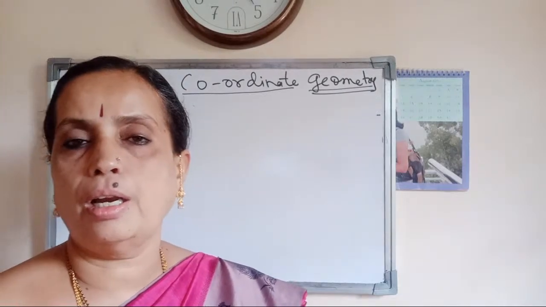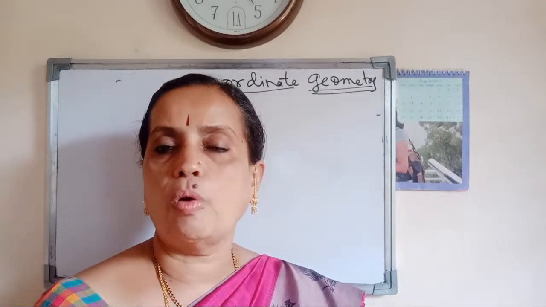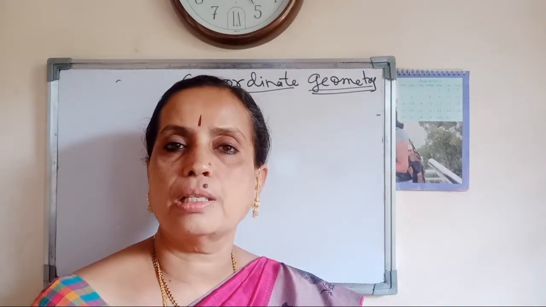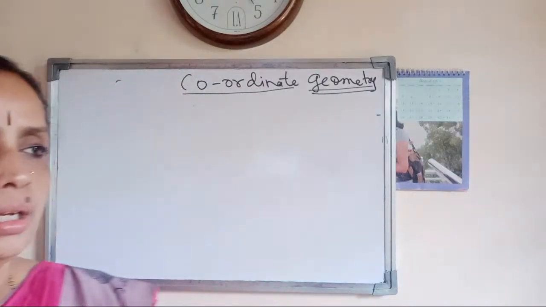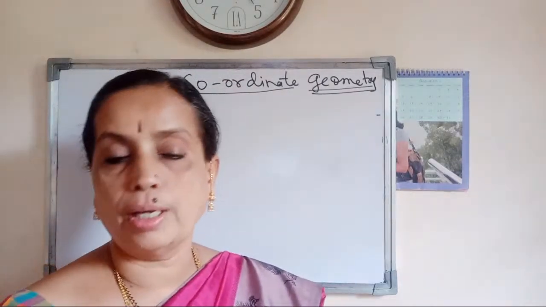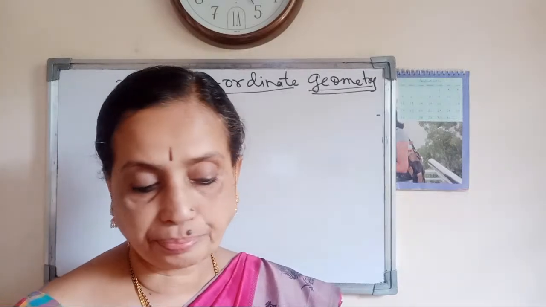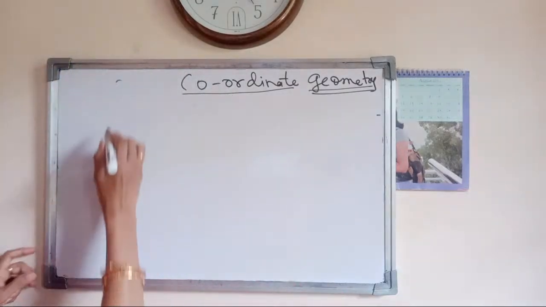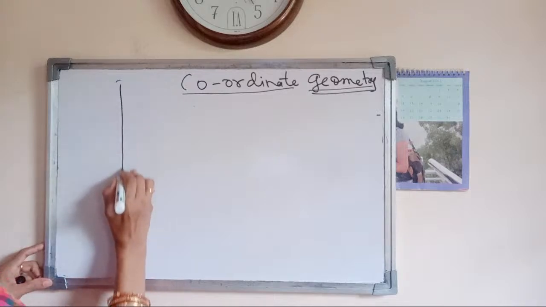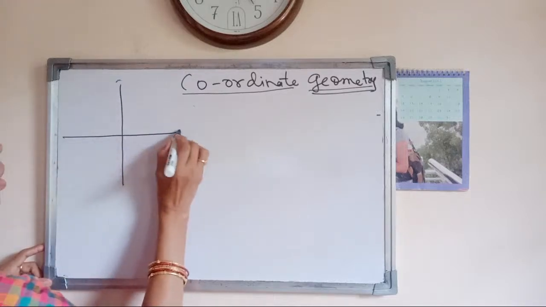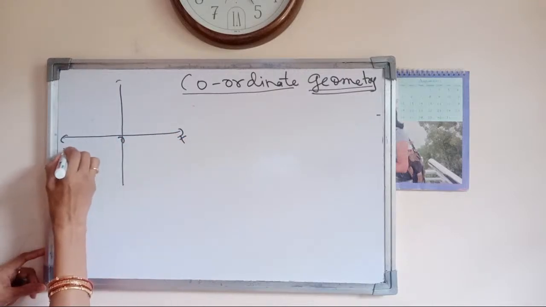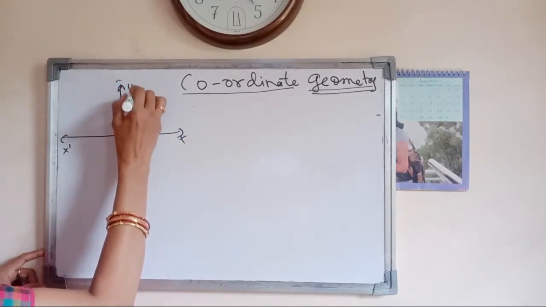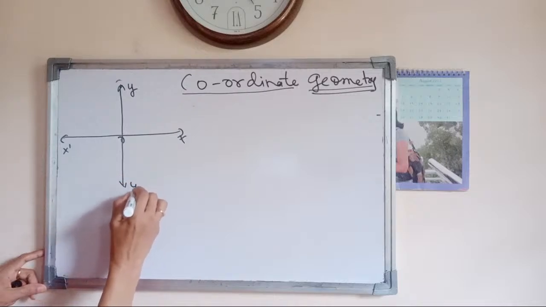In 9th standard, you have studied coordinate geometry, that is, keeping two number lines perpendicular to each other, you get a plane called the Cartesian plane. In that Cartesian plane, we used to plot points and identify where exactly they lie.